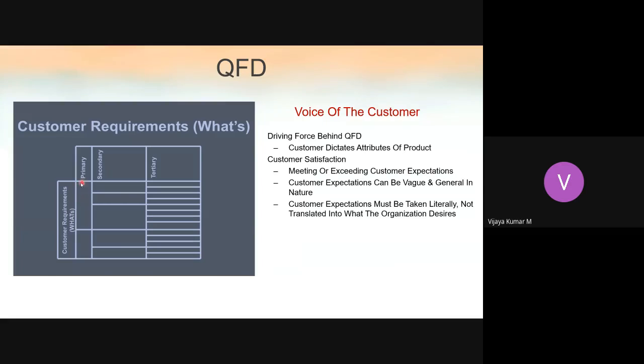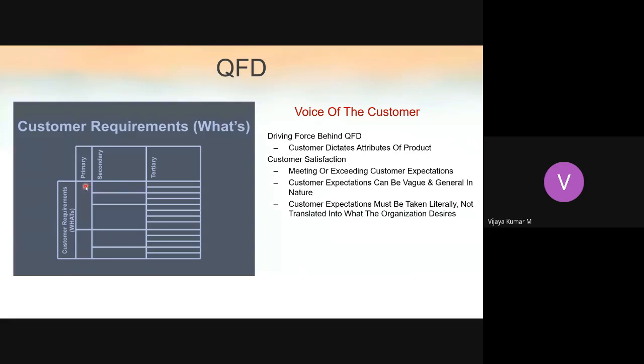So at the primary level I will mention quality, and in the secondary maybe I will mention that the quality standard should be with a confidence level of 95%. And for specifics about that, maybe I will mention it at the tertiary level, right? In this way, I will segregate the product information in detail.